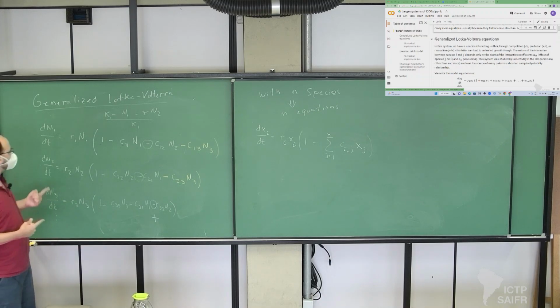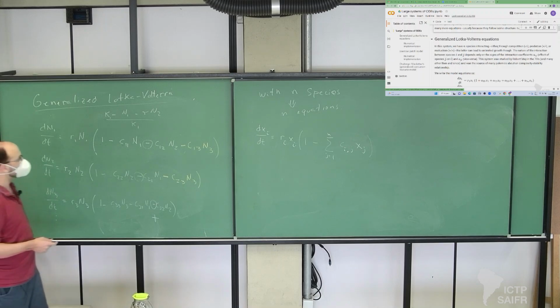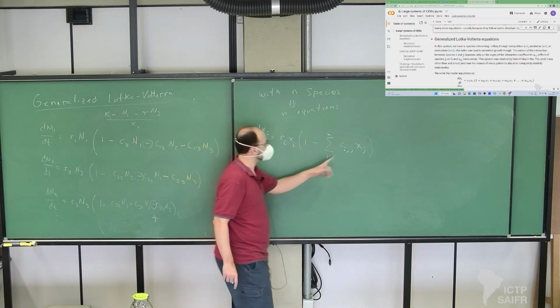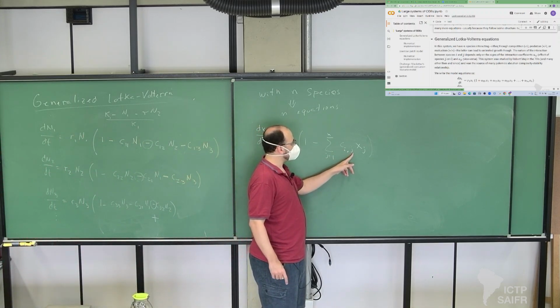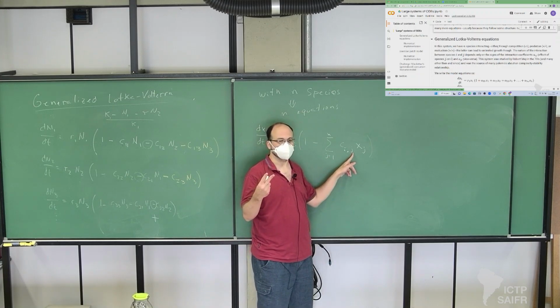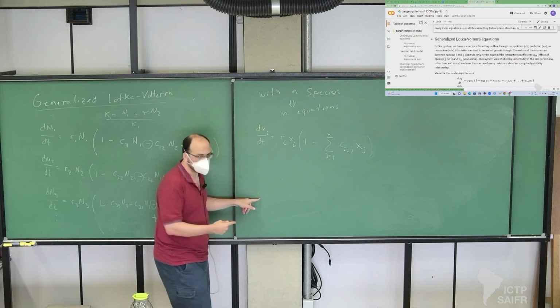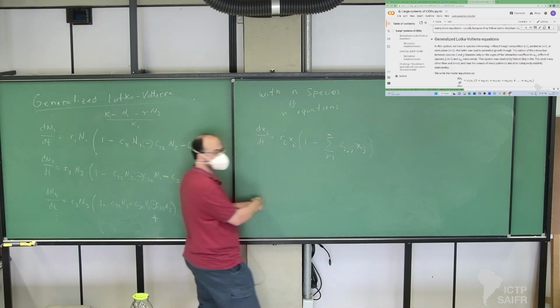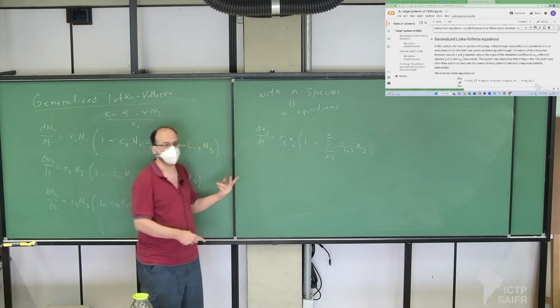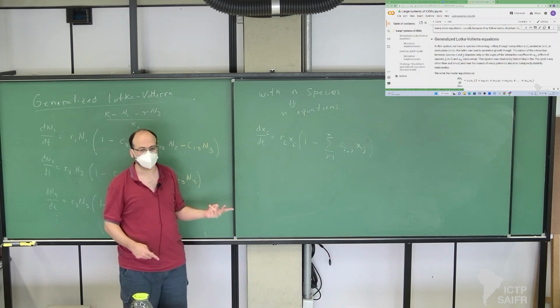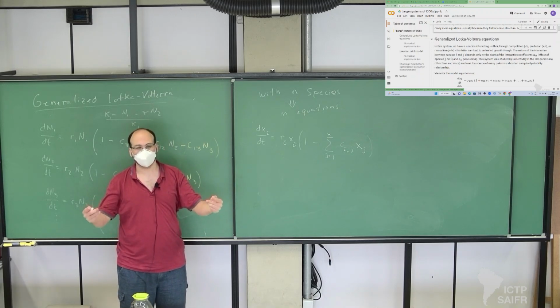If I want to know the interaction between species i and j, I have two parts: the effect of j on i, and then in the equation for j, the effect of i on j. If both of them have positive signs, this is mutualism.